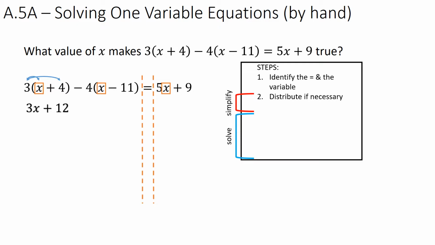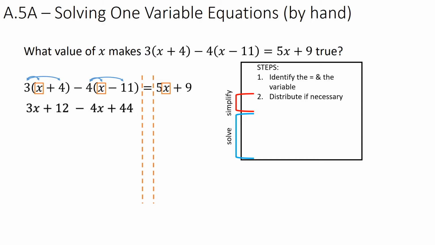And it says minus 4 times x minus 11. Well, that minus sign in front of the 4 is going to cause us to treat that 4 like a negative. So when I'm multiplying, I have to treat that as -4 times x, and then -4 times -11, because that minus in front of the 11 makes me treat that 11 as a negative.